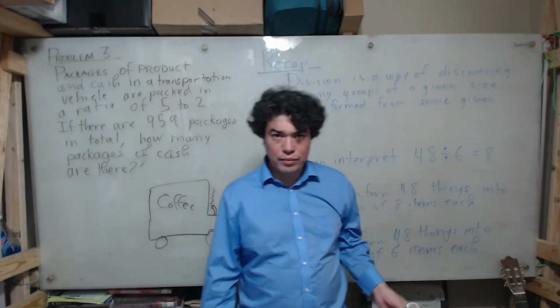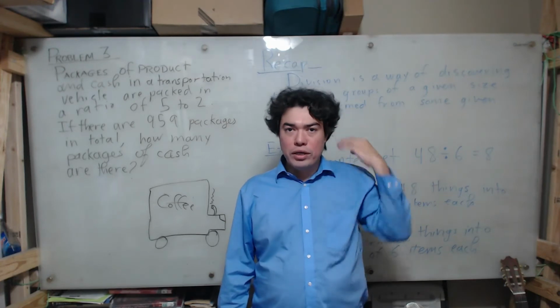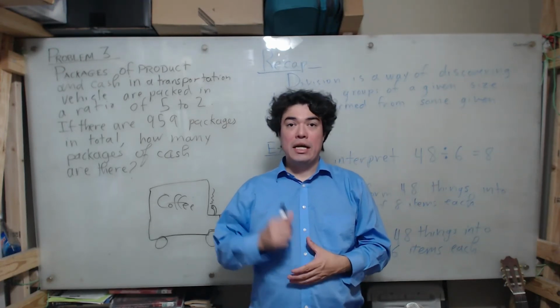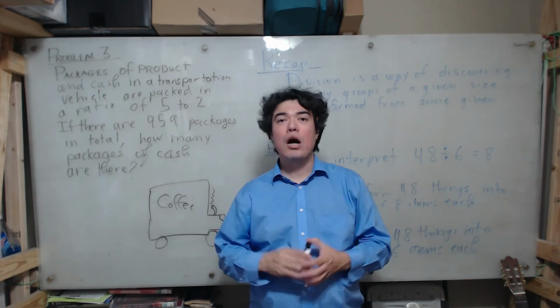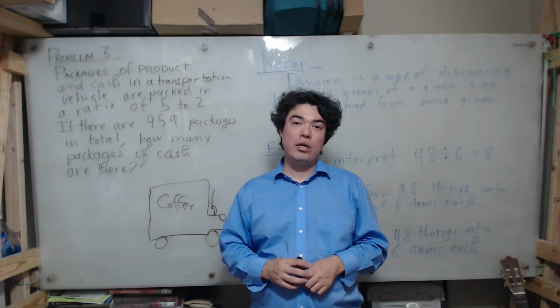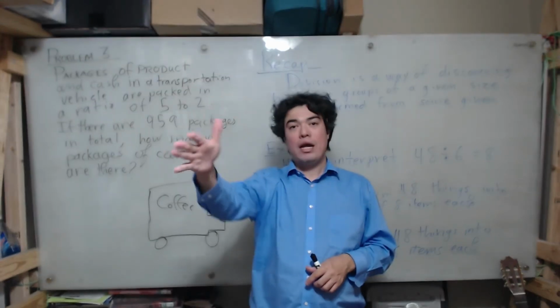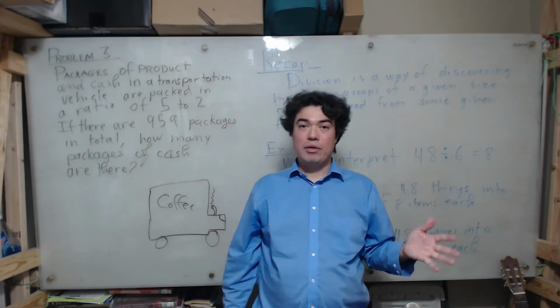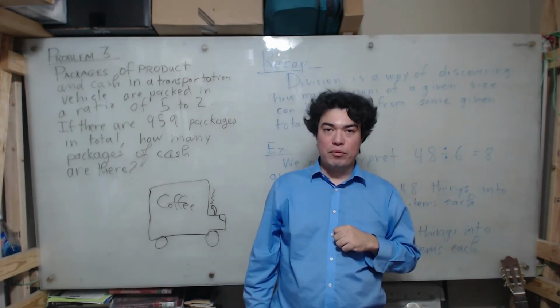So for example, I'm going to throw a party. I have 24 guests. I have tables that can sit 6 people each. How many tables do I need? Assuming that we distribute them equally, I would do 24 divided by 6, I get 4. That means I'm going to need 4 tables of 6 people.